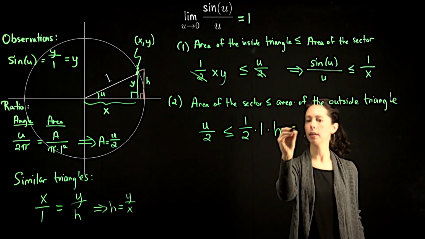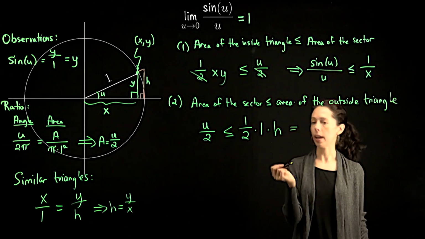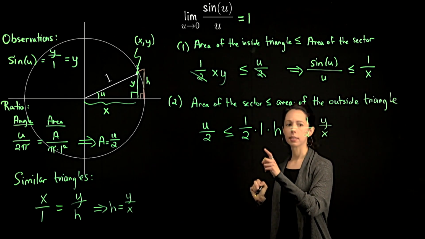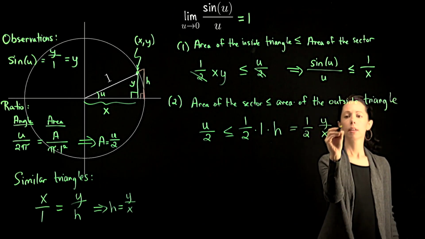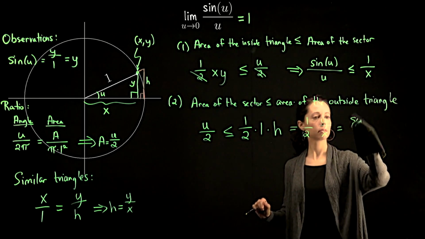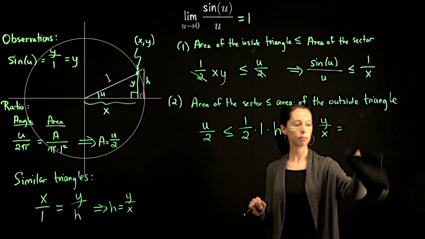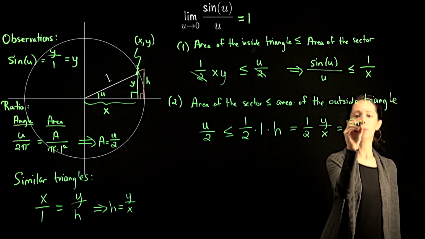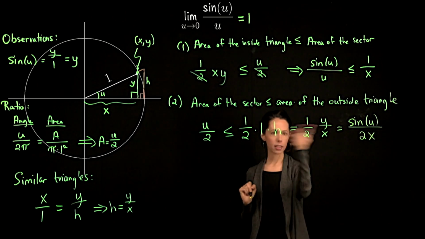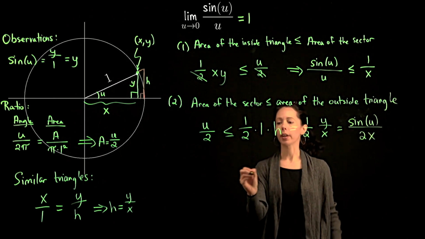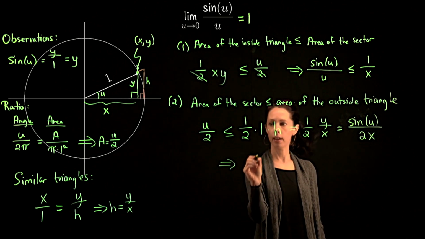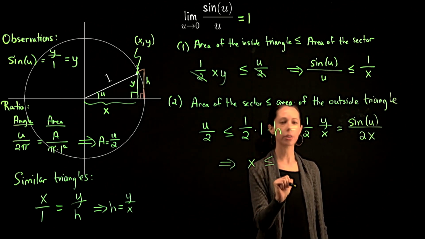Okay, so coming back over here, we have 1/2 y over x, which is actually 1/2 sine u over x. So let me write it correctly. Sine u divided by 2x. Okay. Again, cancel out the 2's, bring the u over, bring the x over, and we get our other bound on sine u over u: x itself is less than or equal to sine u over u.